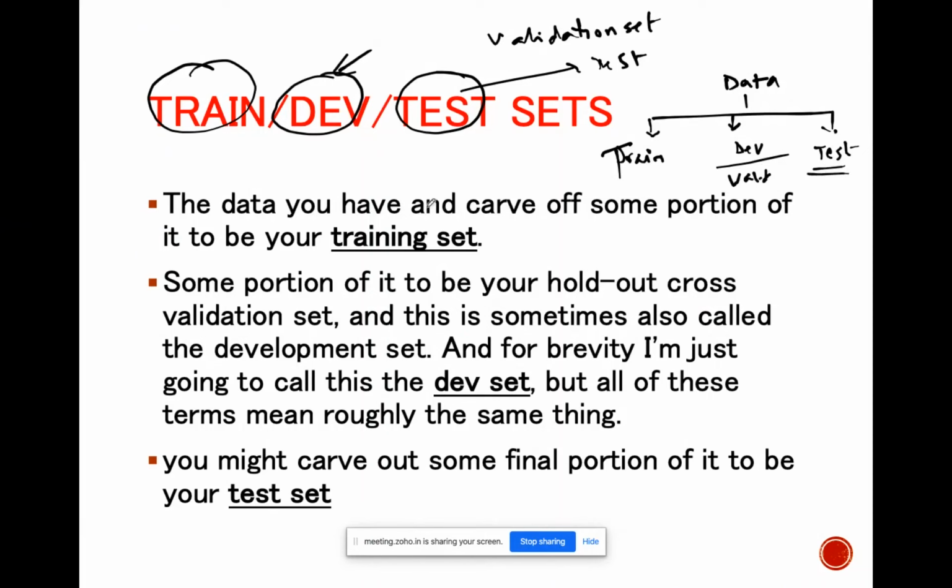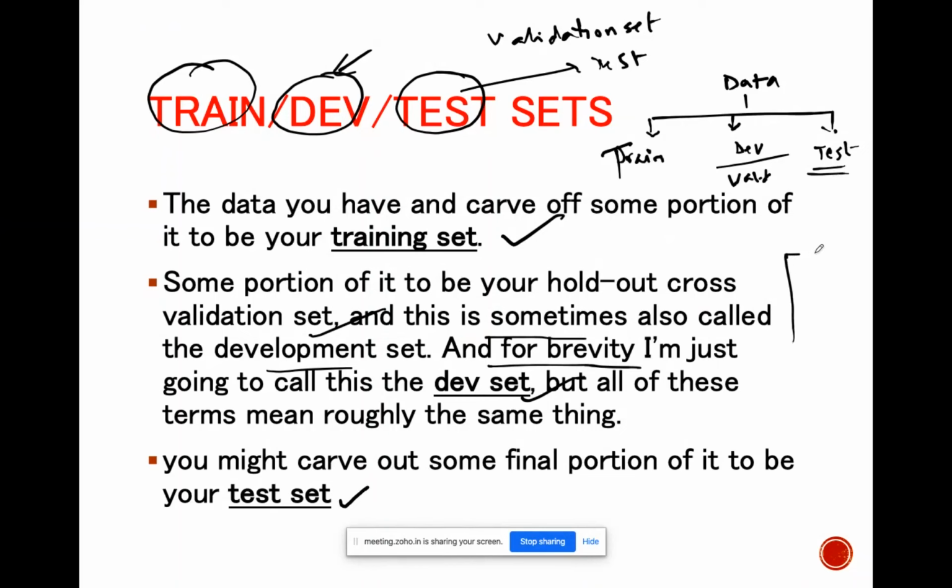Of the data you have, you carve out some portion to be a training set, and some portion you hold out for cross validation. Sometimes it's also called a development set, or just a dev set. Then you carve out a final portion to be a test set.